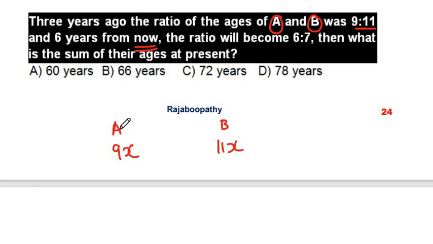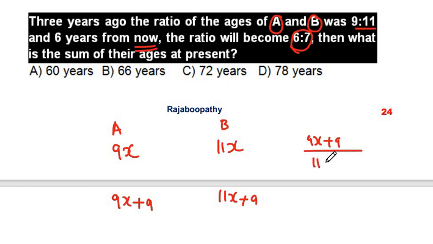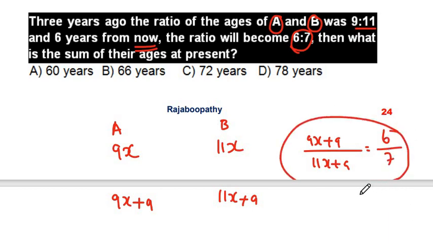So the age of A now becomes 9x plus 9, and B becomes 11x plus 9. Now the ratio is 6:7, therefore I can find the value of x. 9x plus 9 by 11x plus 9 is equal to 6 by 7. Once you find x, you can answer the question. What is the sum of their ages at present? They ask present.